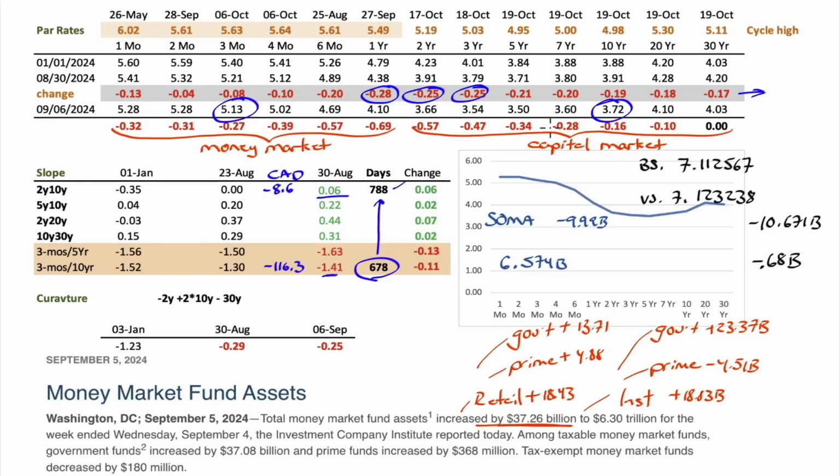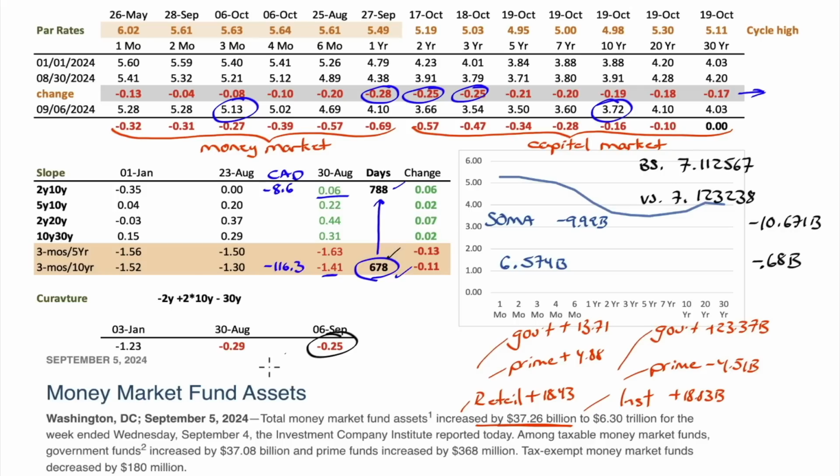So the money market, the capital market inversion, I think will beat the 788-day inversion between the 2 and the 10. I think that would make that the longest on record by far. And I think we're already at the longest on record now. So we're just extending that record streak on the 3 month to the 10 year.